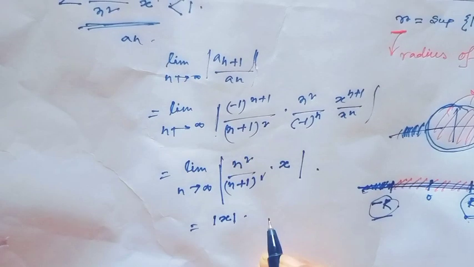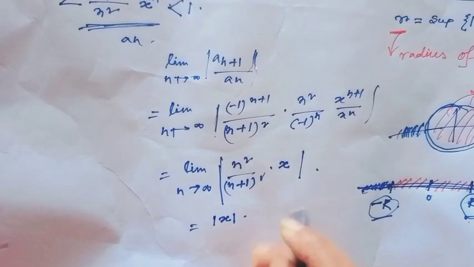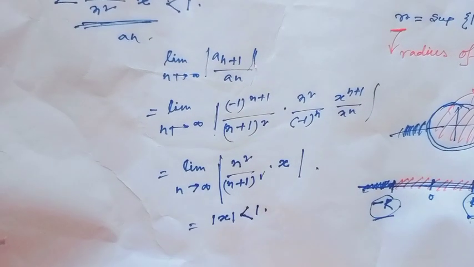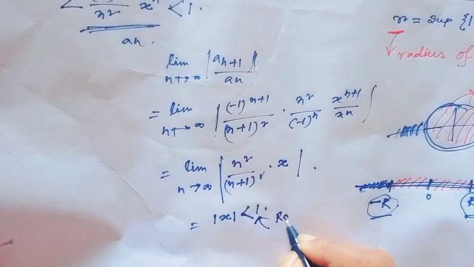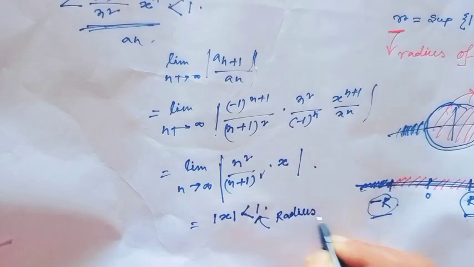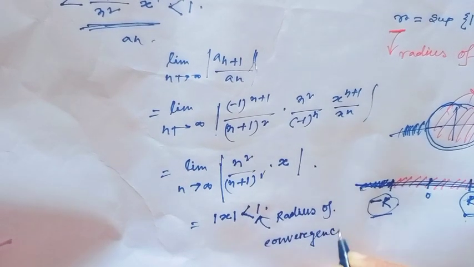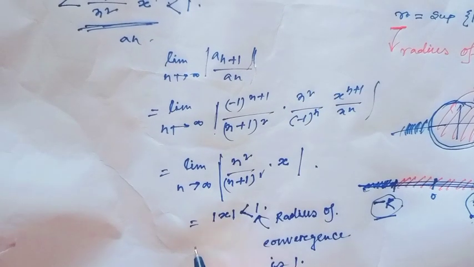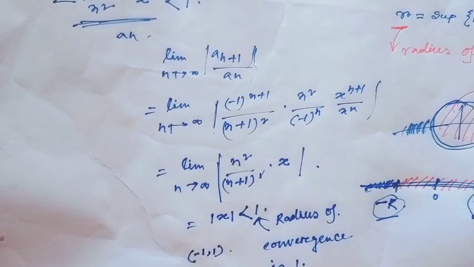Therefore, the radius of convergence of this series is 1, and the interval of convergence, at first, consider minus 1 to 1.